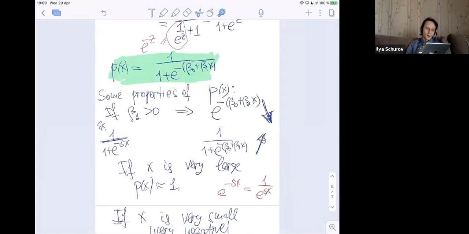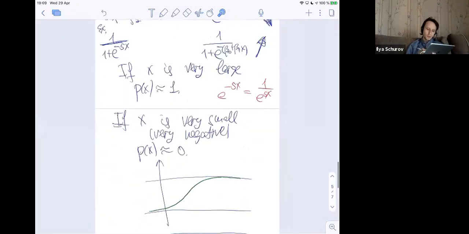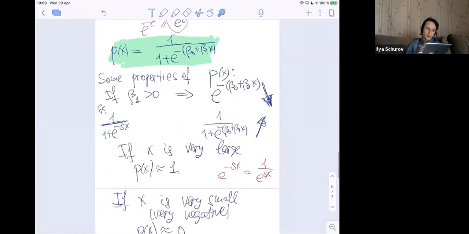But now we have a family of these curves, for which, again, the choice of a particular curve from this family is done by choosing these two numbers.